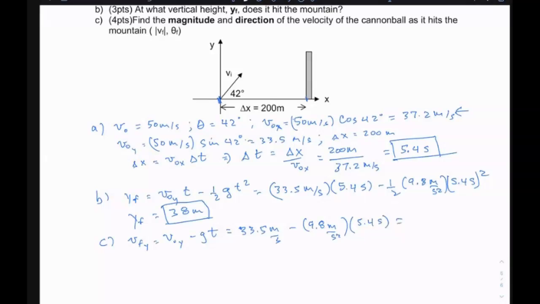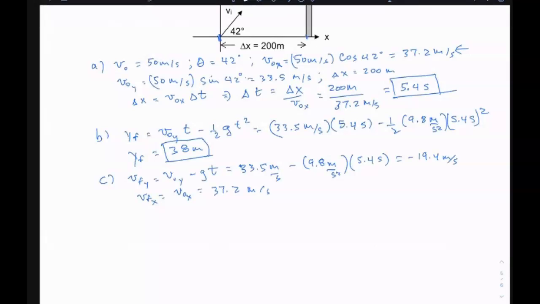And we see that the y component is equal to minus 19.4 meters per second. And we already know that the x component of the final velocity is equal to the x component of the initial velocity, which is 37.2 meters per second. So we solve for V final.